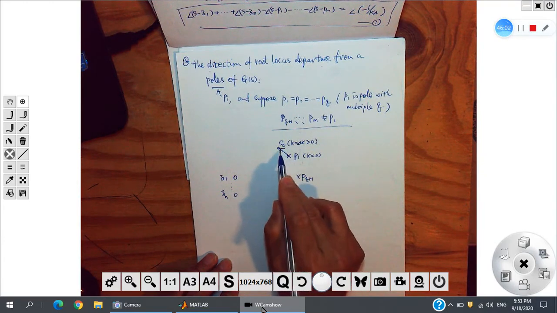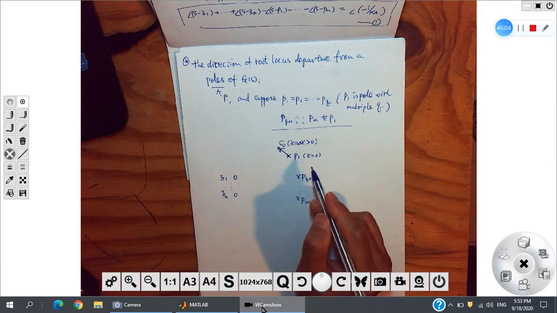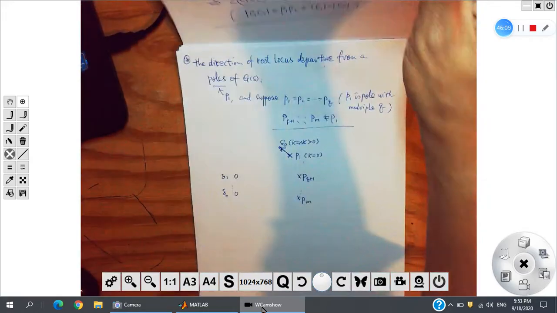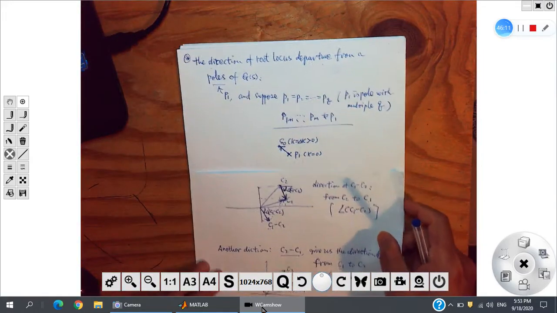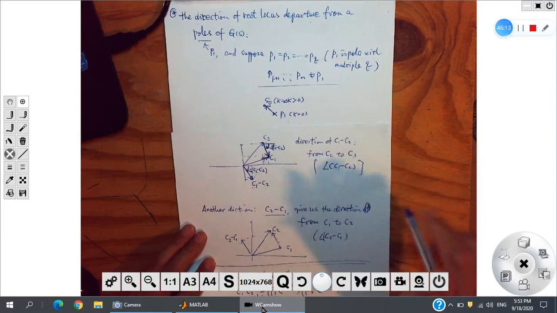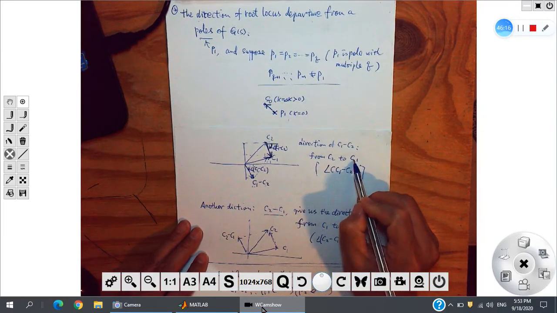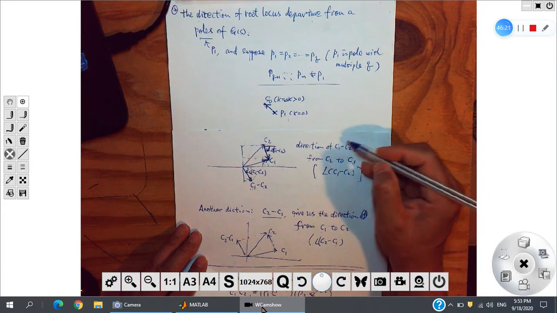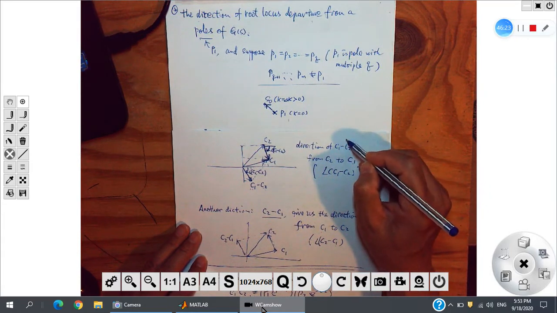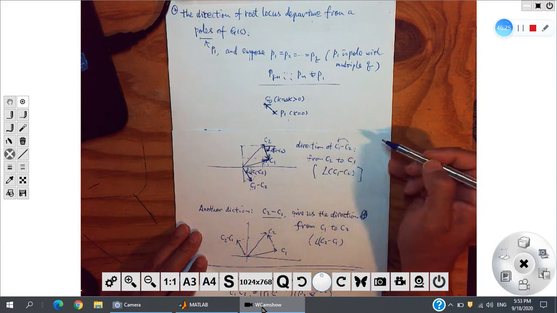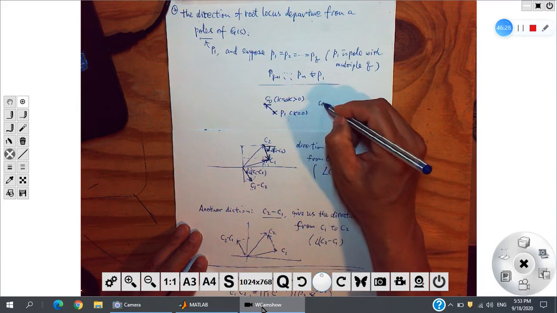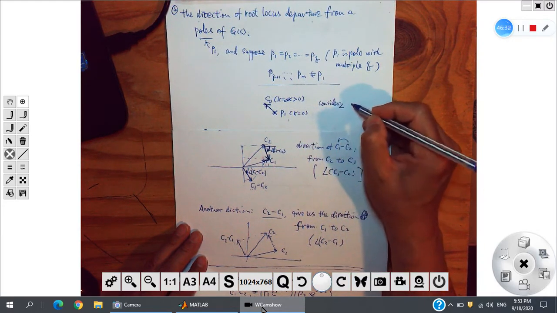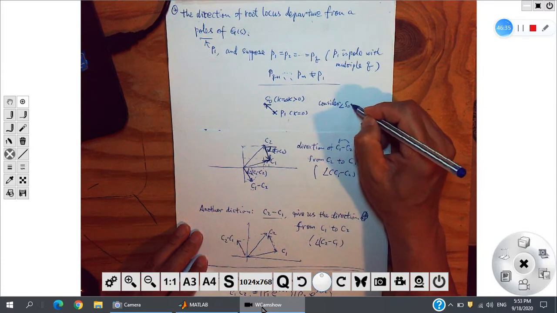What is that? That is S0 minus P1. Like here, from C2 to C1 is C1 minus C2, so the direction is from this one to this one. So we consider the angle of S0 minus P1.